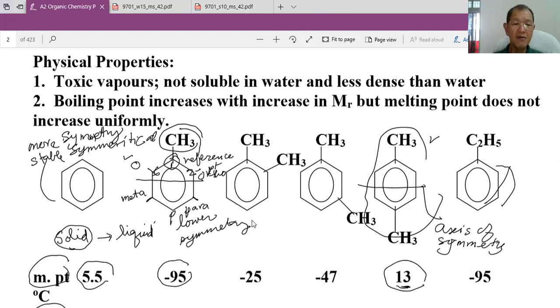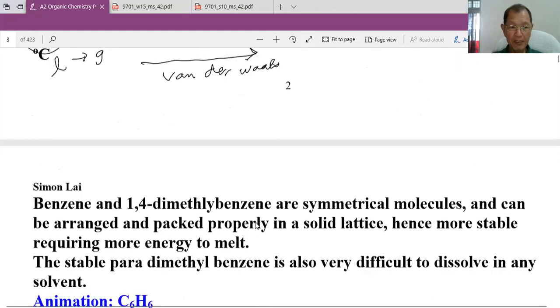So sometimes you can refer to it as ortho dimethyl benzene instead of 1,2-dimethyl benzene. It's called meta-dimethyl benzene. It's called para-dimethyl benzene. This is called ethyl benzene. So that is on naming and some physical properties.